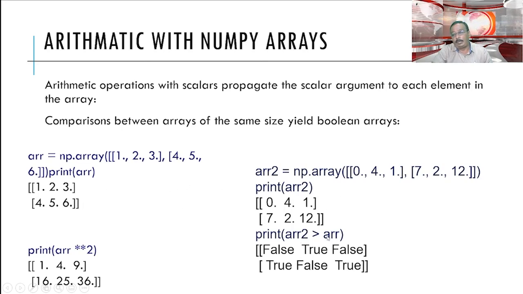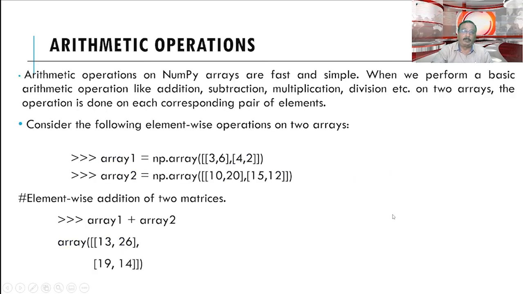So array 2 greater than array will check each element, and if it is true, it is going to give you true, and if it is false, it is going to give you false. For example, the first value in array 2 is 0, which is greater than 1? It is false, so the value here is false. Similarly, all the elements are compared and the result is displayed.